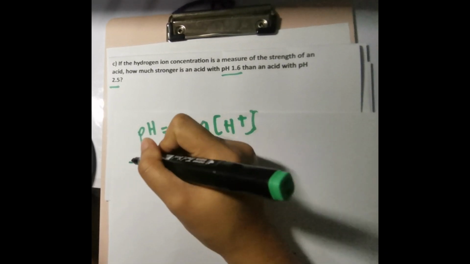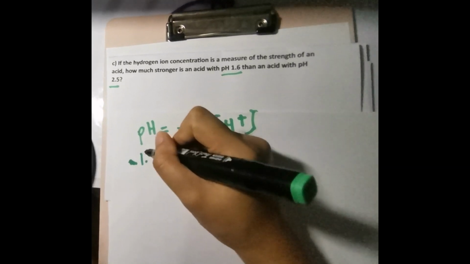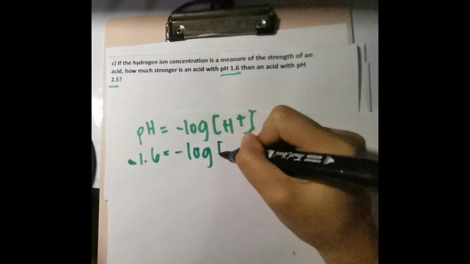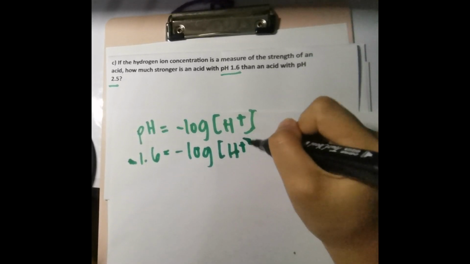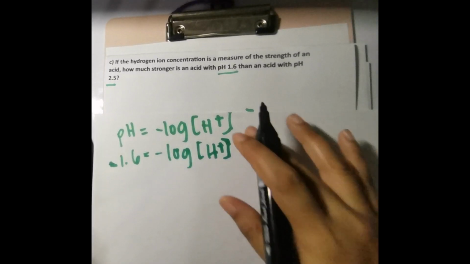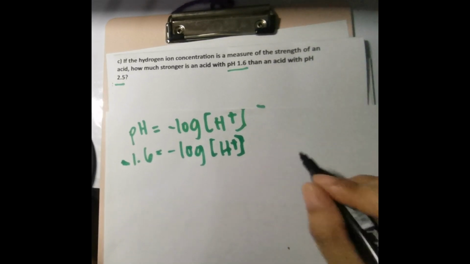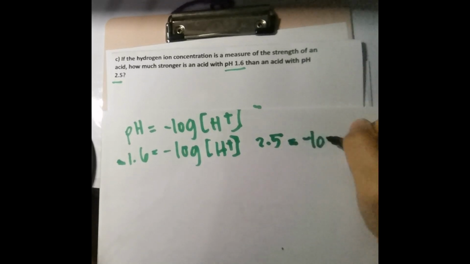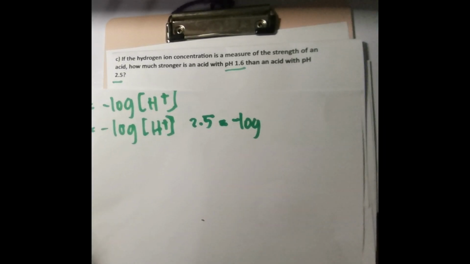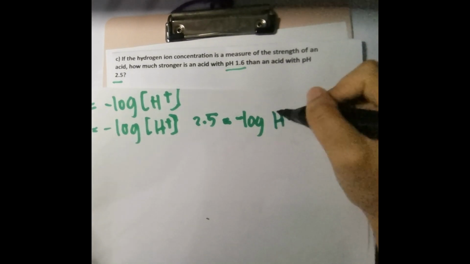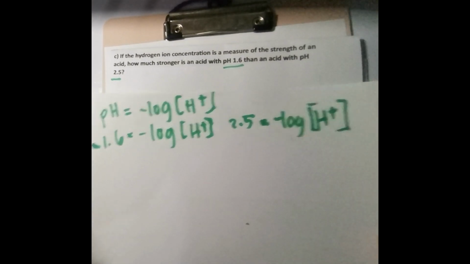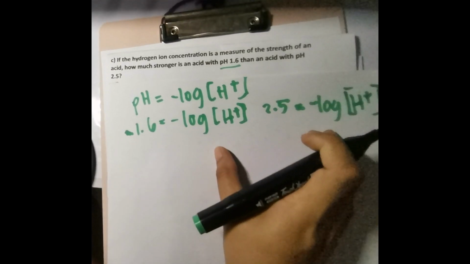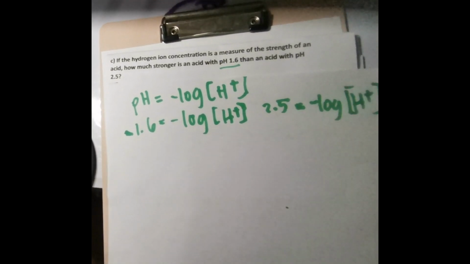So we will have 1.6 is equal to negative log H plus, and 2.5 is equal to negative log H plus. For our next step, we will express both equations in exponential form and evaluate.